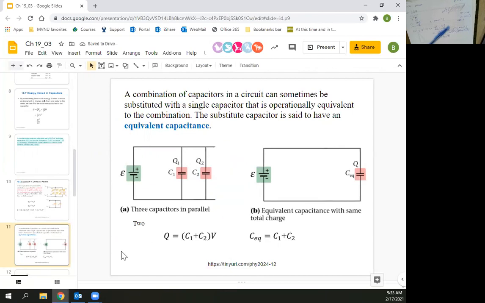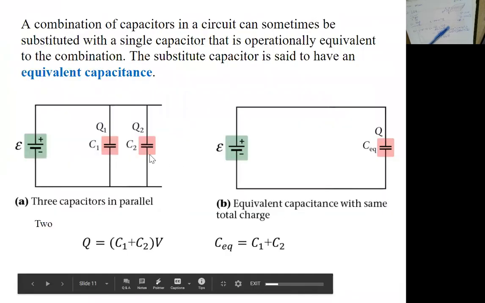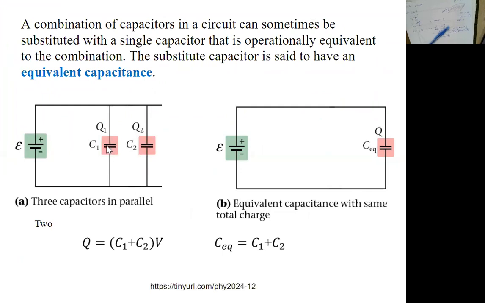So we're looking at two capacitors in parallel to each other. In this figure, the two lines close to each other represent a capacitor. Over here, you have one longer line and a shorter line, which represents the battery.